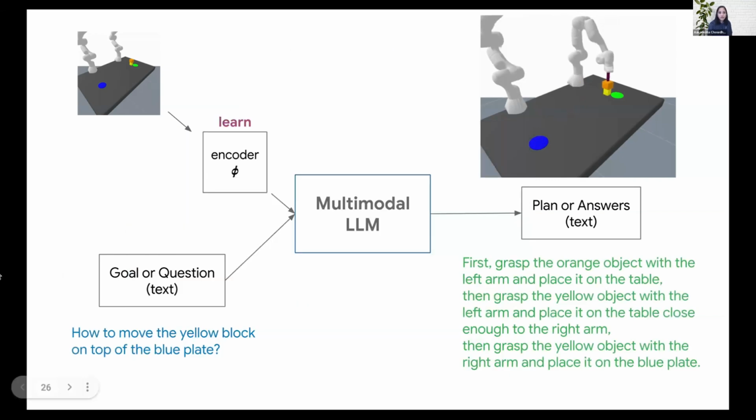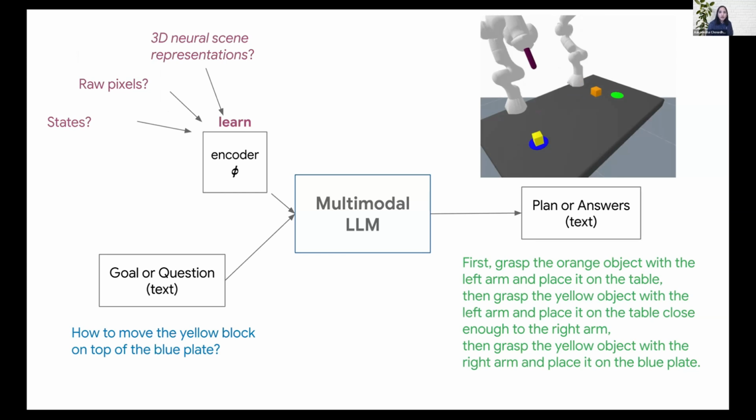We can simplify this by learning an encoder that takes the information from the image or the scene and feeds it to the language model. That could possibly work, as we were seeing in our previous examples from vision language models. Even then, there's still a question of whether we should feed raw pixels of the image into this encoder, input 3D neural scene representations, or input states.